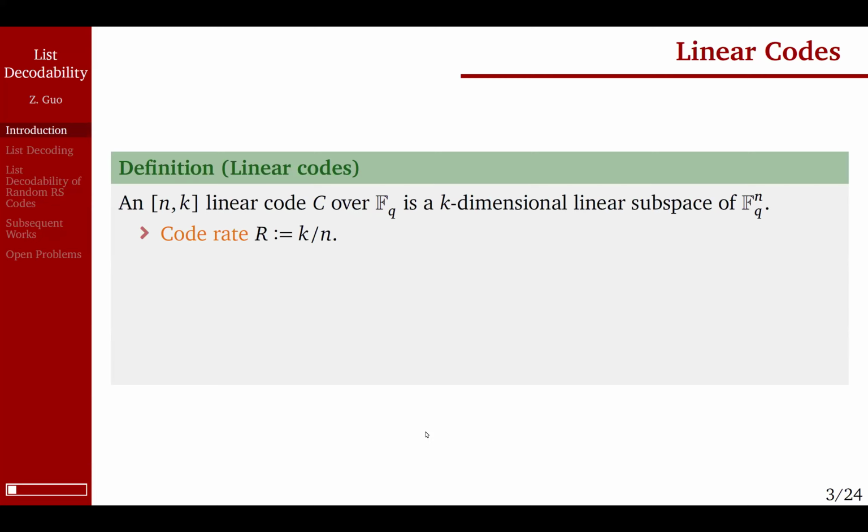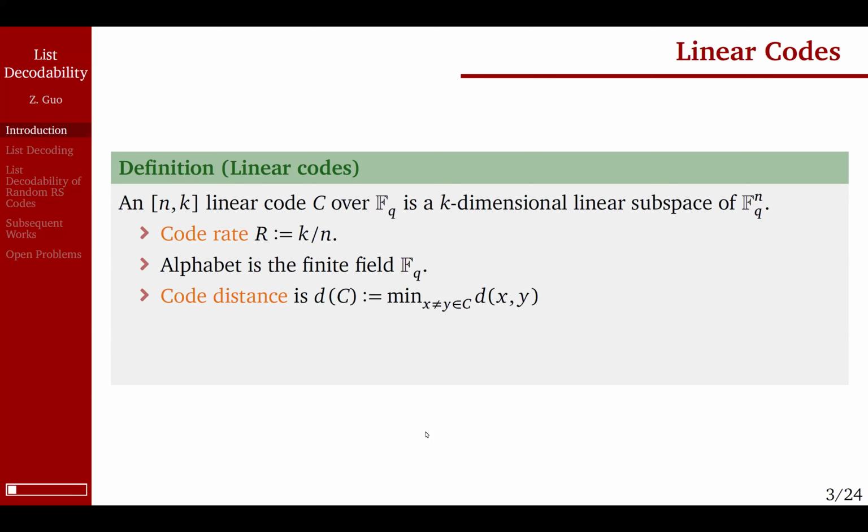This rate matters because it measures how much redundant information you include in the code. We need to include some redundant information because we want to correct the errors. The other parameter is the code distance, defined to be the minimum distance between the code words. Here, the distance between two code words X and Y is defined to be the number of coordinates where X and Y differ.